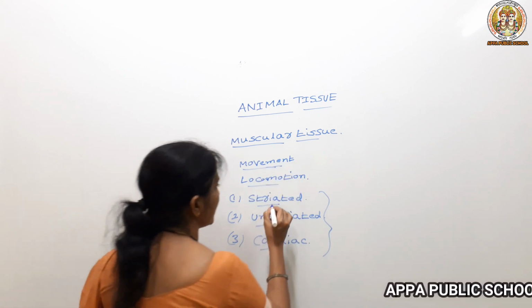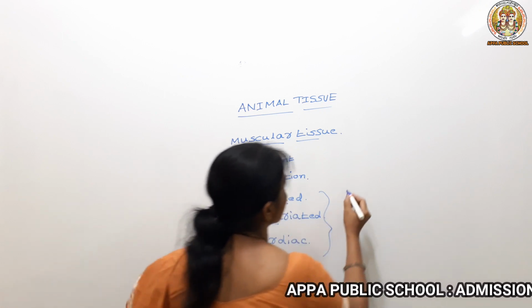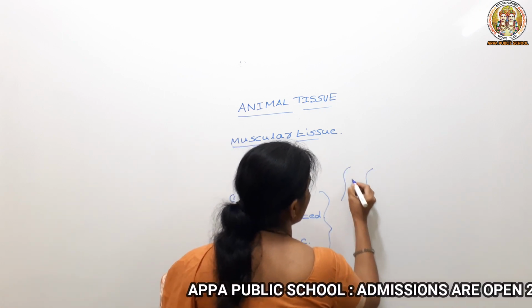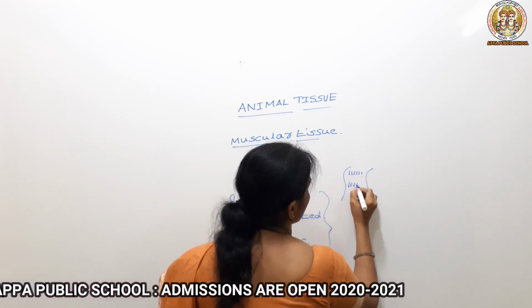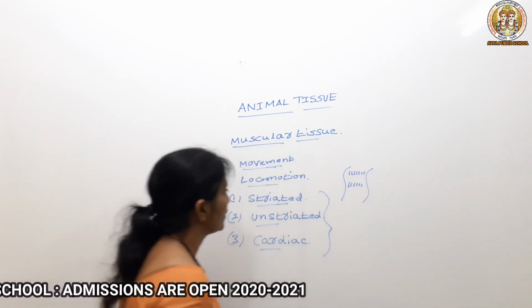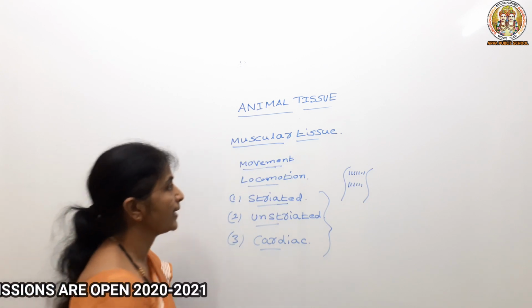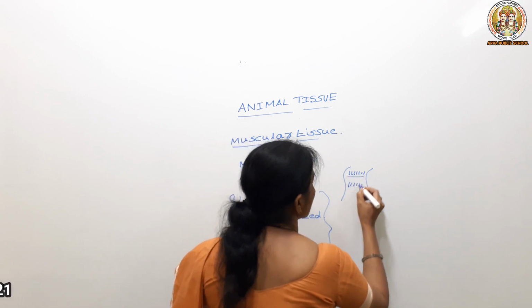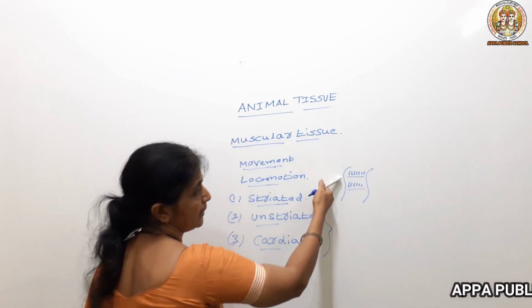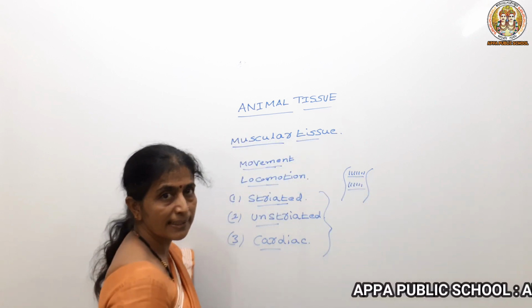The striated, as the name indicates, consists of striations, that is the dark and light bands you can see. That's why it is known as striated. Different names are there: striated, striped or skeletal.